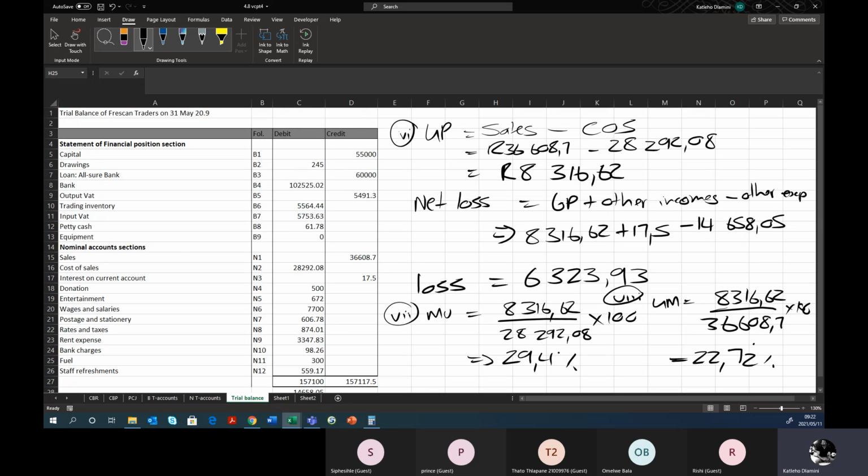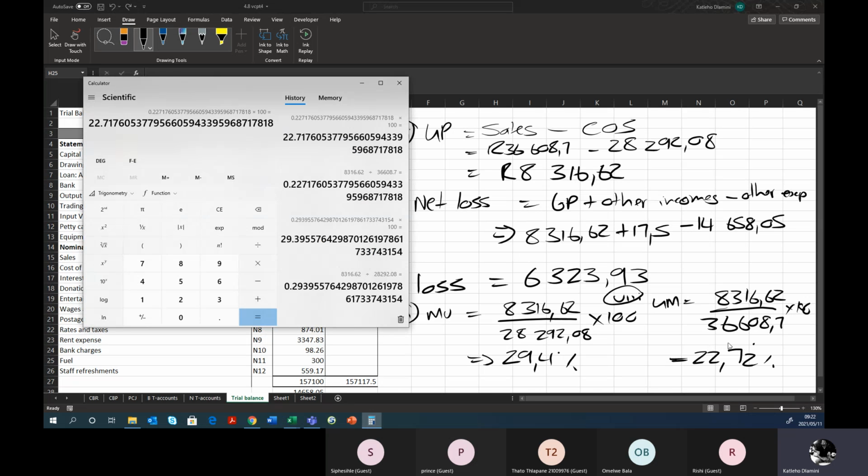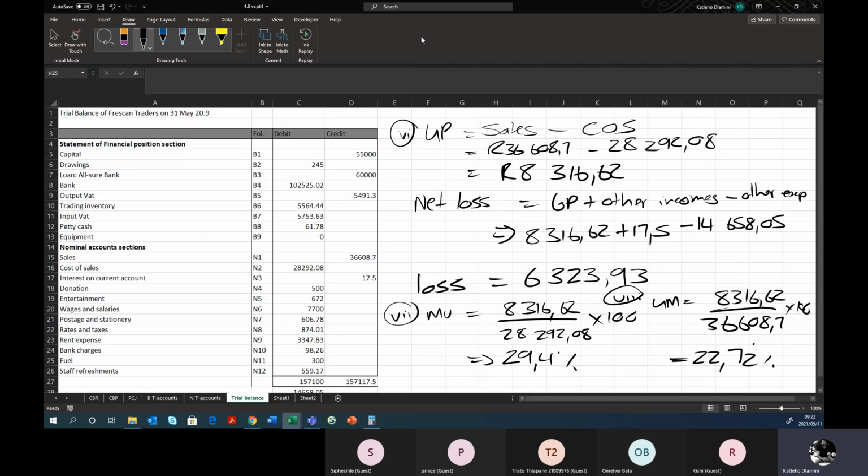So that's my gross margin. Okay. That is my gross margin, and that is my markup. Okay, my weighted average ones.